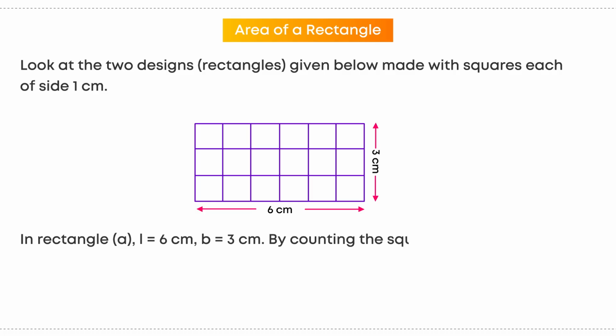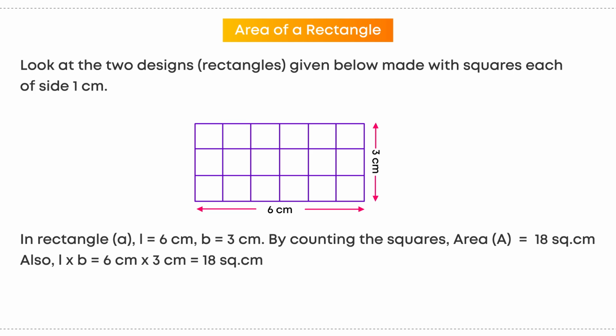By counting the squares, area is equal to 18 sq cm. Also, length into breadth is equal to 6 centimeters into 3 centimeters, is equal to 18 sq cm.